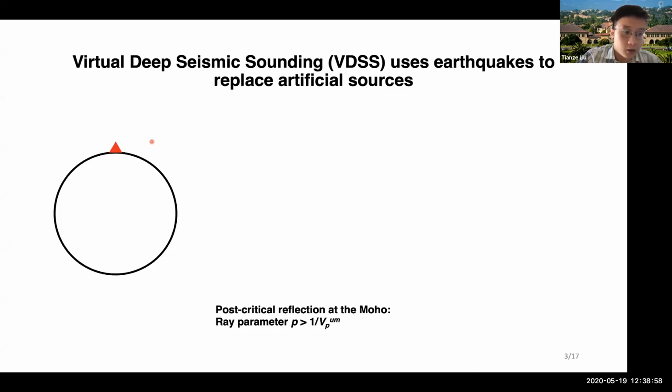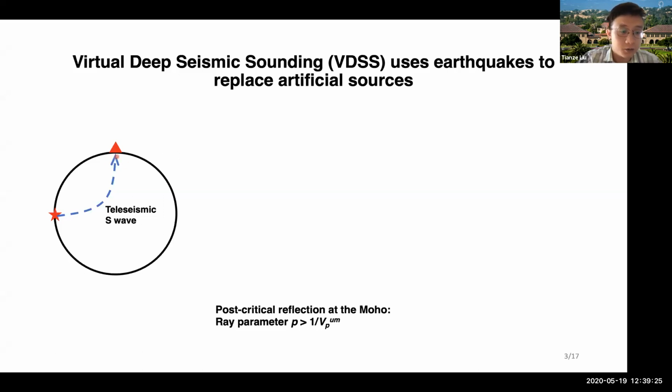In our method, we use earthquakes happening very far away from our receiver, typically thousands of kilometers away. Here is our source, and it generates S waves, which travel across the Earth's interior and reach our station. We call it a teleseismic S wave because it's an S wave generated by earthquakes very far away.